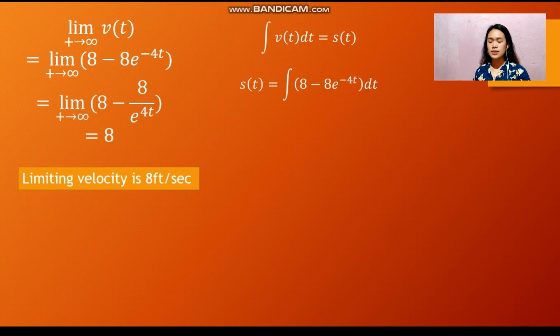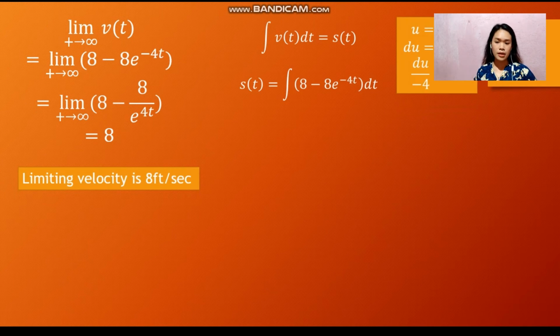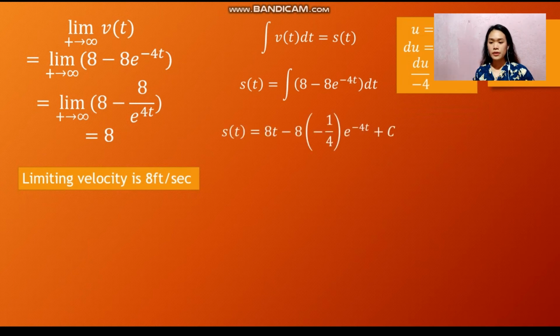So, in terms sa position nung ball, kumbaga saan mapupunta yung ball, i-integrate ulit natin siya with respect naman sa position s with respect to t. So, integrate na natin ngayon yung value ng ating velocity. Since ang u natin ay negative 4t, magkakaroon ngayon tayo ng negative 1/4.